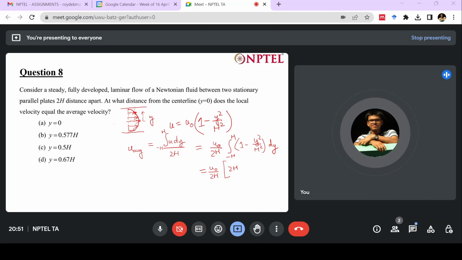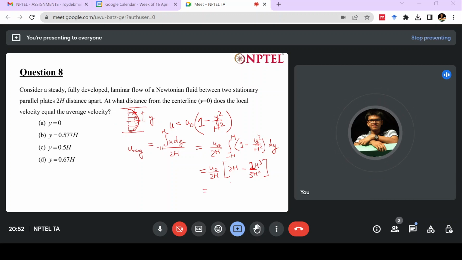And y square dy integration is y cube by 3. So minus 1 by 3 h square is definitely there, and y cube is there, which is h cube. So h cube minus minus h cube, it is 2h cube. So this will be h. So 2 minus 2 by 3.